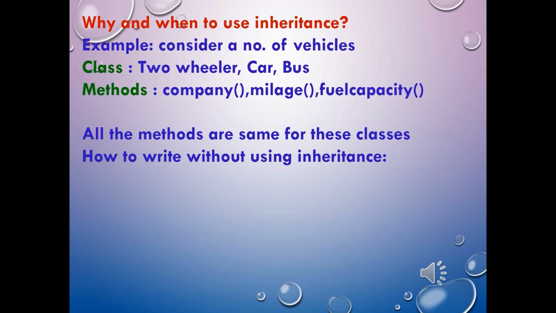Now let's see why and when to use inheritance. For this, consider one example: a number of vehicles. Here we have three classes: two-wheeler, car, bus, and we have three methods: company, mileage, fuel capacity. Each and every class will have these 3 methods.